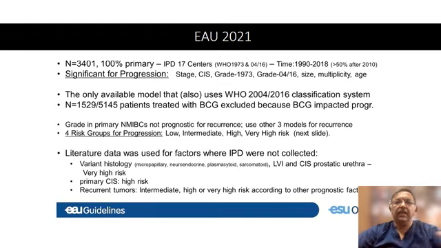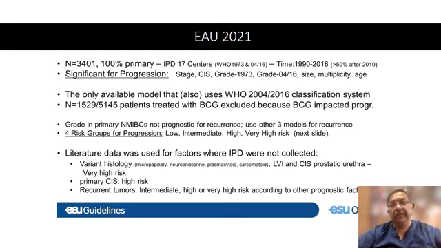The EAU 2021 is the latest risk evaluator or prognostic indicator for non-muscle invasive bladder cancer. It is the only model that uses both the WHO 2004 and 2016 classification systems.